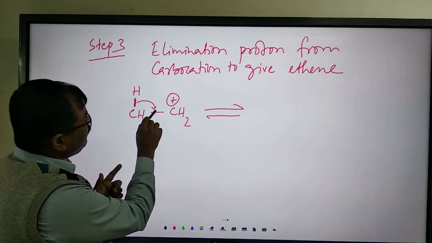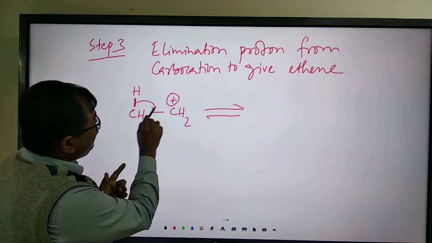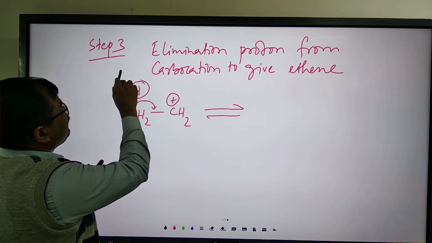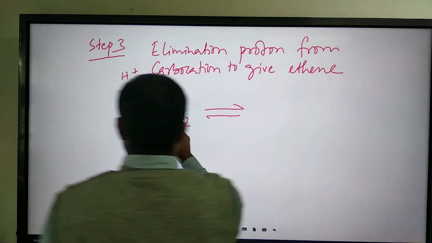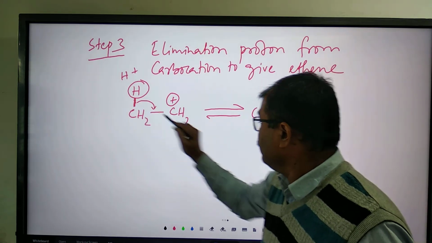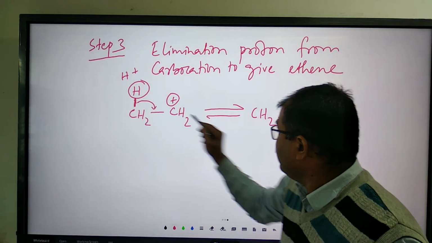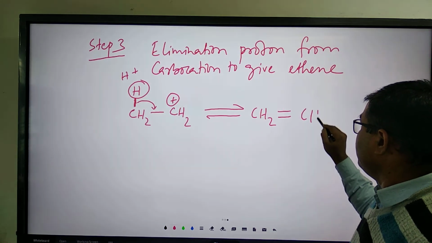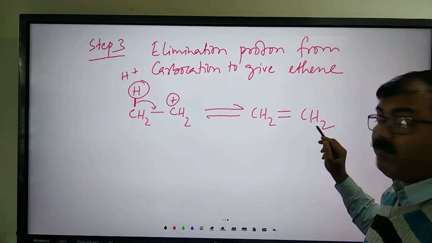So a double bond will form, and this hydrogen will be released as a proton. There will be no positive charge after the transfer of electrons.